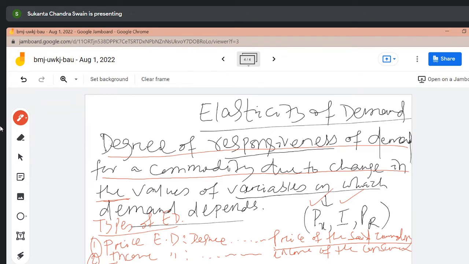And third is cross. Why cross? Because we are comparing one commodity's demand with respect to another commodity's price. Cross elastic demand is the degree of responsiveness of demand for a commodity due to change in the price of its related commodities.